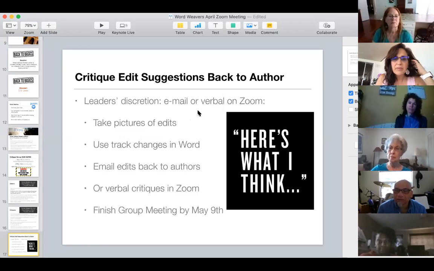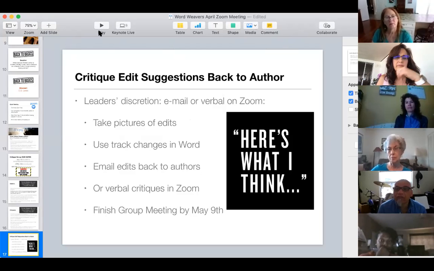There's a few reasons that we're not accepting that as a WordWeaver policy. Even the online groups don't do that. We are actually modeling this after how the online groups work, and they've been working successfully for years. The first reason is having that story read out loud is very helpful.